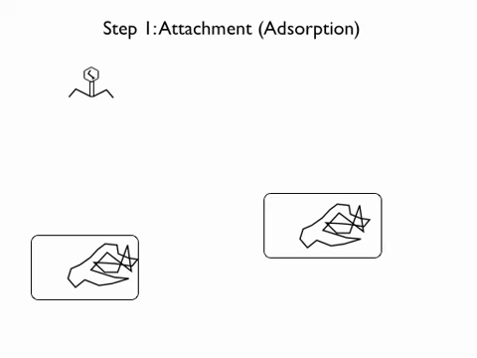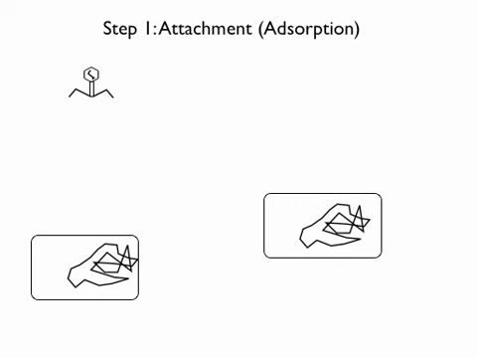So we start off, step 1 is attachment or adsorption. Okay? During attachment and adsorption, the bacteriophage is sort of floating around randomly. Because bacteria or viruses outside of a cell don't have a metabolism. So they can't move on their own.